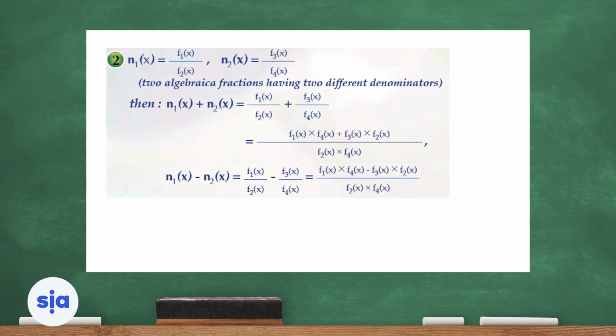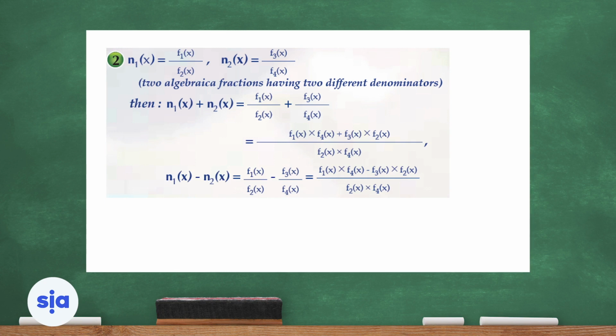What if the two denominators are not the same? As you can see here in n1 of x and n2 of x. In this case, you're going to multiply each denominator up and down in the other fraction to get the common denominator.